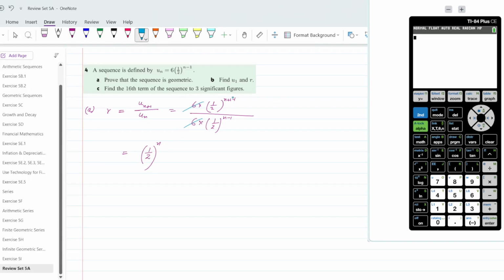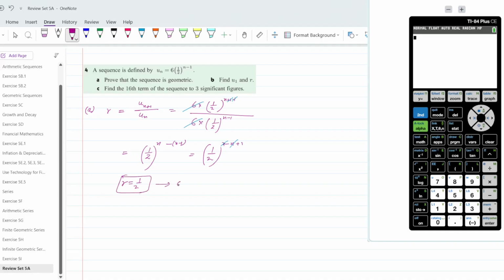Now this positive 1 will cancel this negative 1, and we are left with half raised to the power n and minus this power, which is n minus 1. So this comes out to be half raised to the power n minus n plus 1. Now this n will cancel this n, and we are left with r equals half.